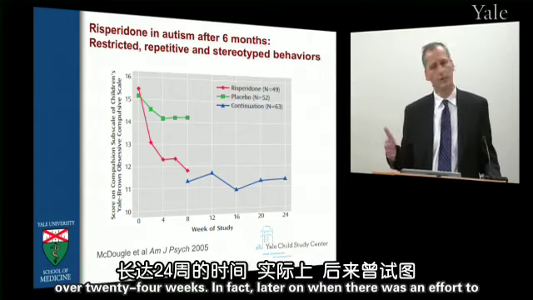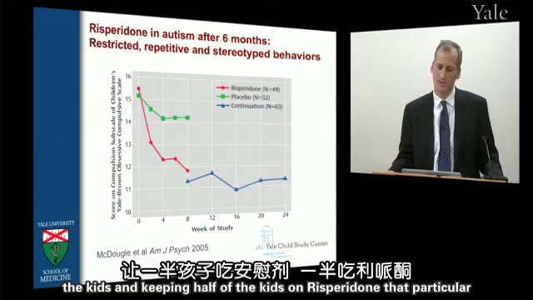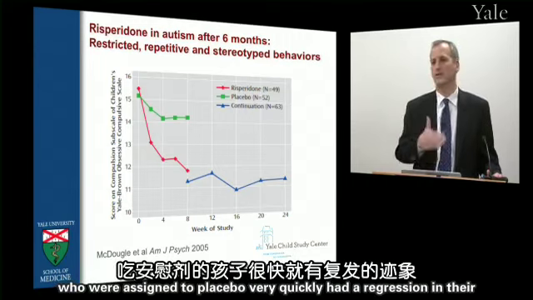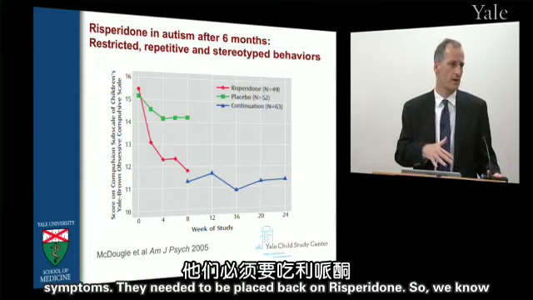In fact, later on, when there was an effort to discontinue in a blinded way, introducing a placebo to half of the kids and keeping half of them on risperidone, that particular study had to be stopped prematurely because virtually all of the kids who were assigned to placebo very quickly had a regression in their symptoms, and they needed to be placed back on risperidone.